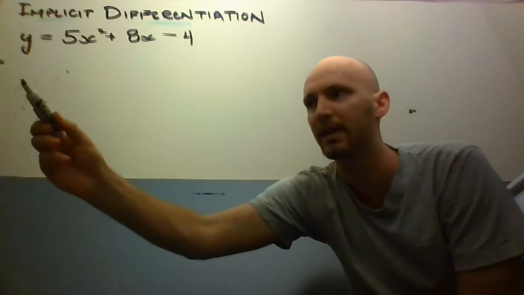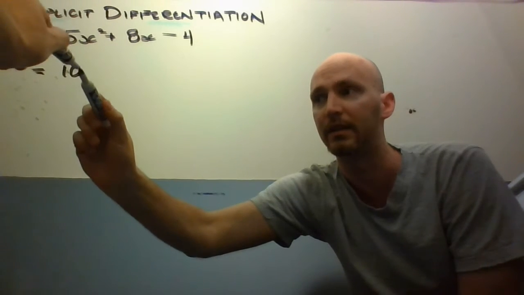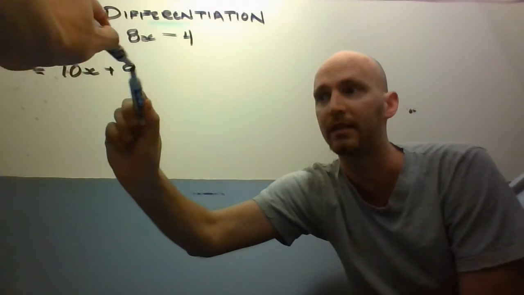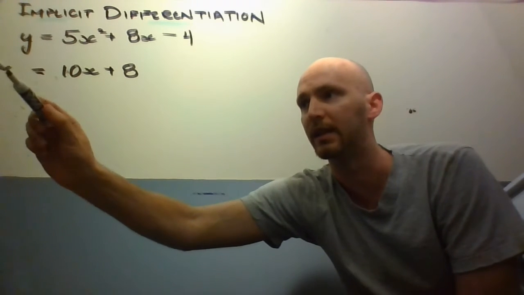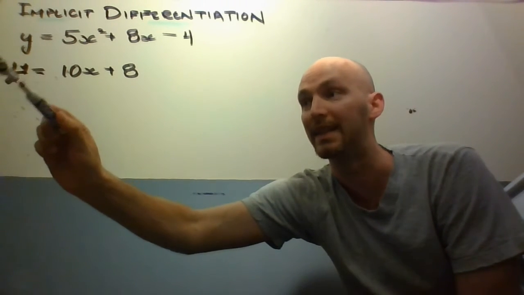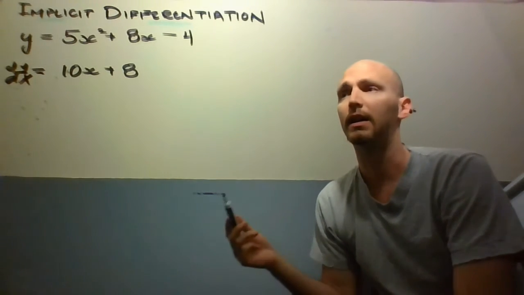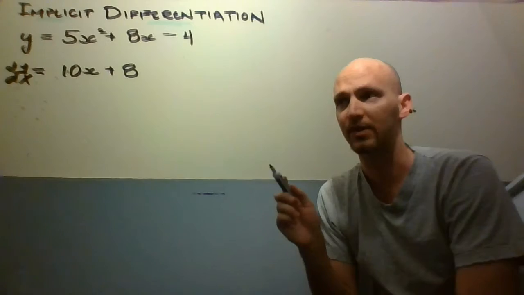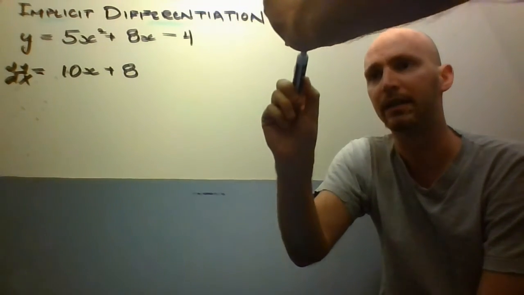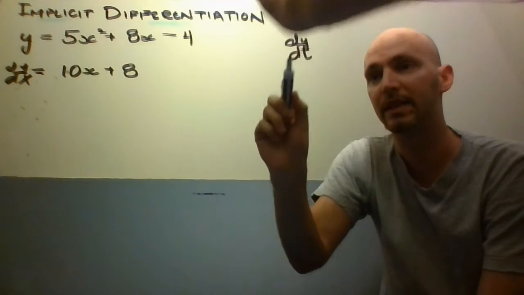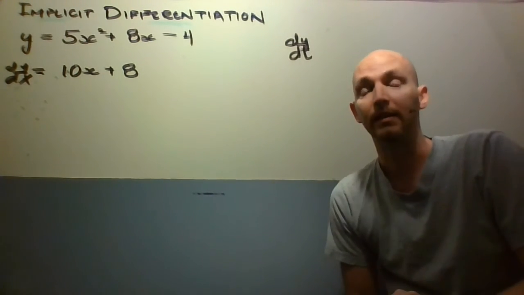So when you go to take the derivative, which is easy, right, 10x plus 8, the name of this derivative is dy by dx, because x was the variable that we were using. What implicit differentiation is going to ask you to do is to find the value of dy by dt, or anything here that's not x.